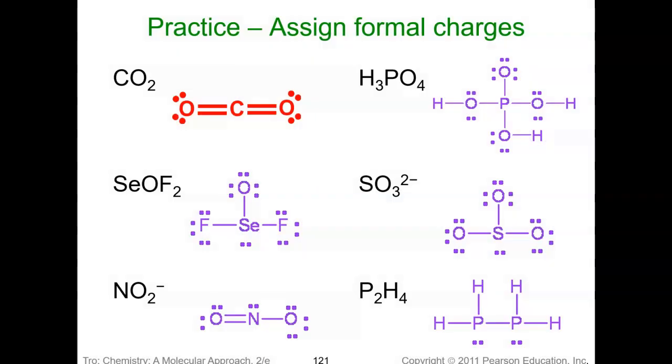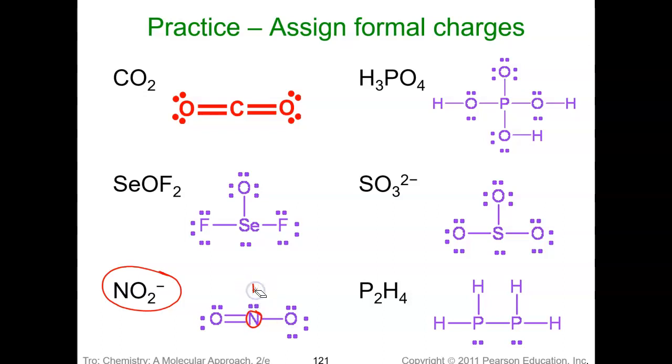Okay, so we're going to practice some of these formal charges. Let's do this one. So I'm going to do a couple of these and then I'll just show you the answers so you can practice these later. So if we go from nitrogen, again, nitrogen, I'm going to do this one right here.